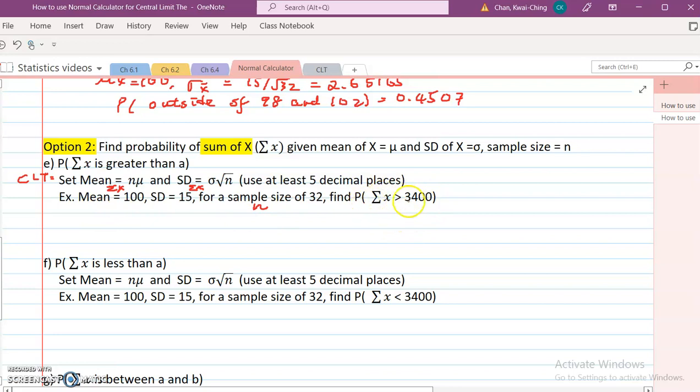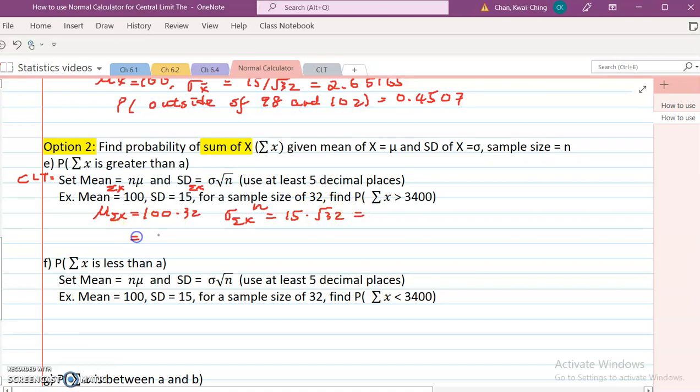So what is the chance that if you add them together, they're greater than 3,400 or less than 3,400? So the new mean, mu of sigma x, would equal 100 times 32. And the sigma of sigma x is 15 times square root of 32.